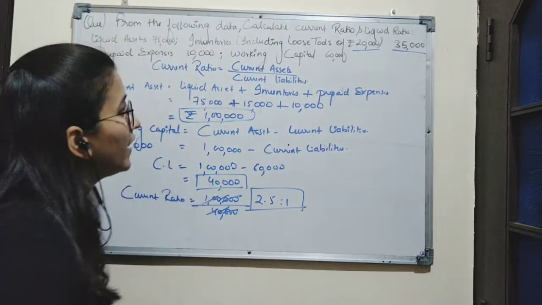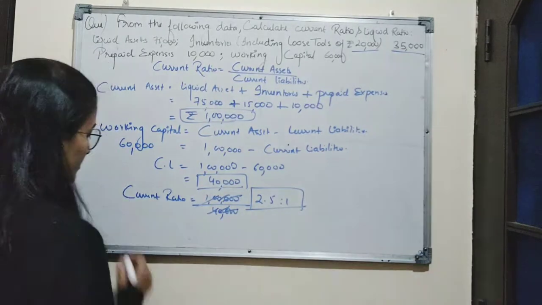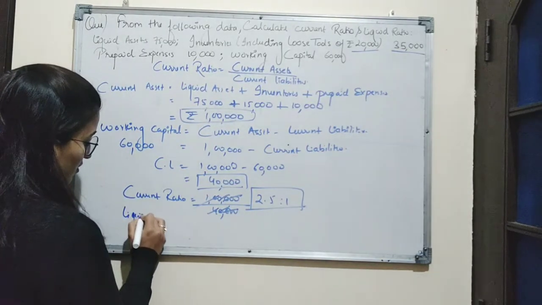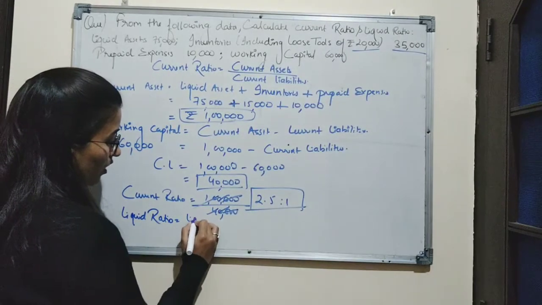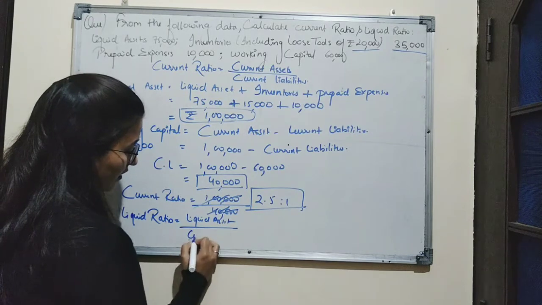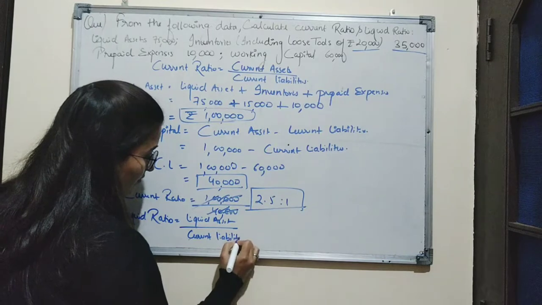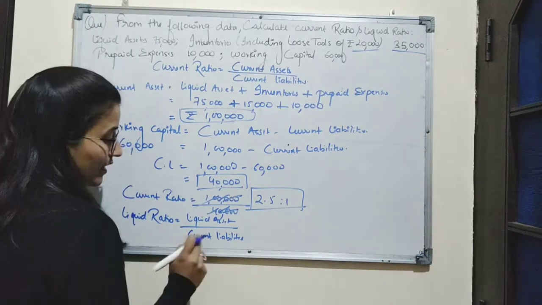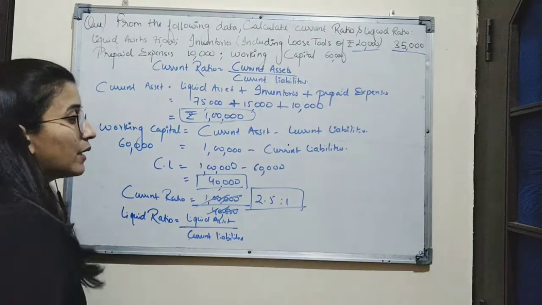Now we will calculate the liquid ratio. Formula for calculating liquid ratio is equal to liquid asset divided by current liabilities. So we have already calculated current liabilities. Here we have to calculate the amount of liquid asset.